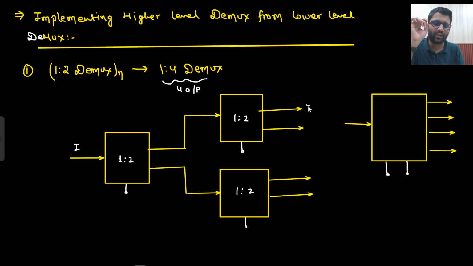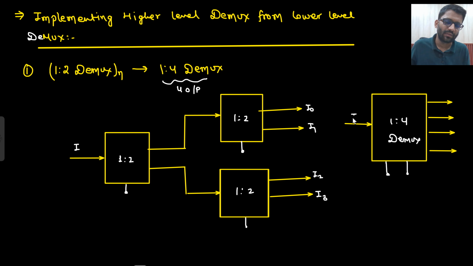So I am saying this is my I0, this is my I1, this is my I2, and this is my I3. This is your 1:4 demux. This is your information. This is your S1, this is your S0.